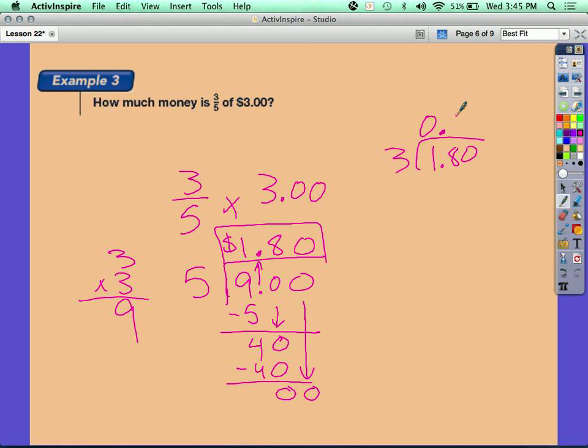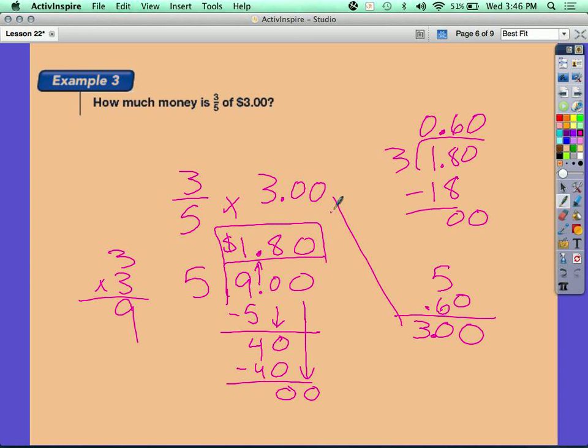Okay, I'm going to get 60 cents here. Okay, I multiply that 60 cents times 5. Okay, and we'll talk about this more later, but how many numbers are behind the decimal point in your problem, that's how many there are in your answer. So our decimal point will go here, that's $3, and that matches what we were talking about. Okay, remember, it's always good to somehow check your work. I'm not asking you to show it very often, but it's a good way to think about it.